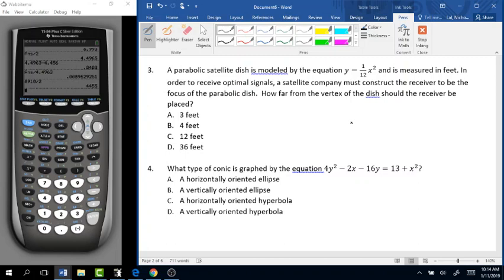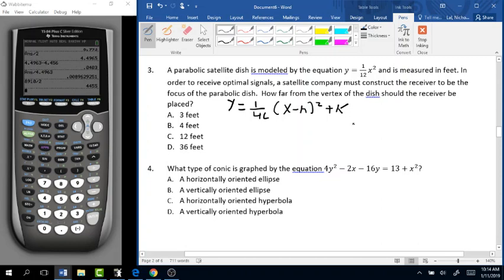So we need to find first the vertex, then the orientation of the parabola, then we need to find the focal length. Okay? So remember, the standard form for a vertical parabola is y is equal to 1 over 4c times (x minus h) squared plus k.